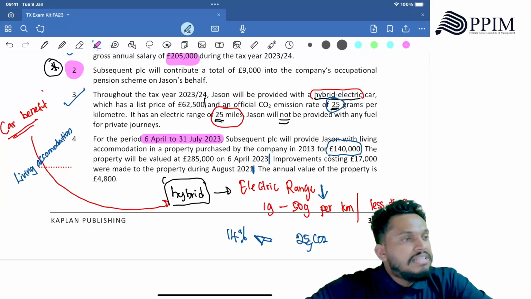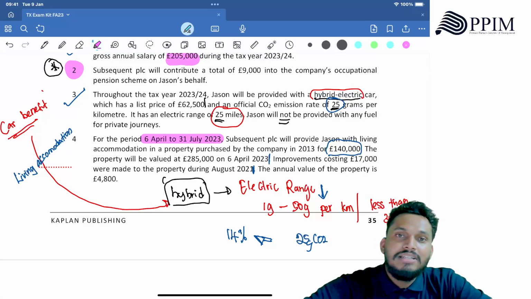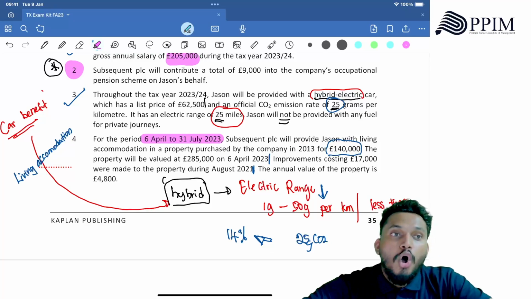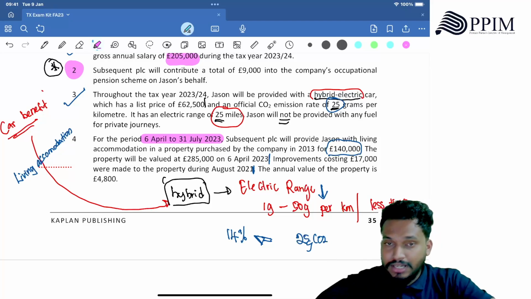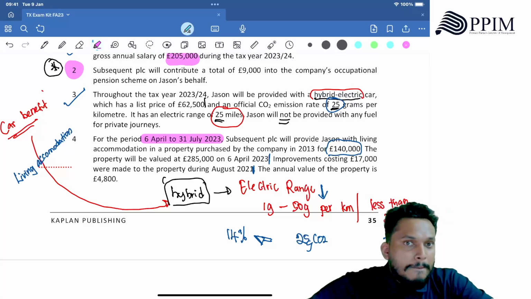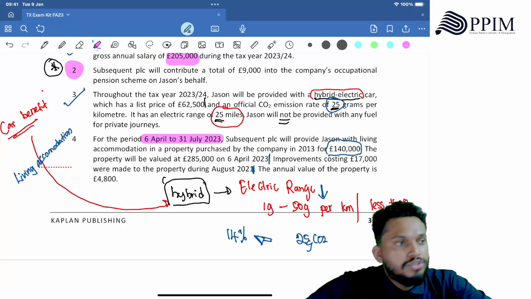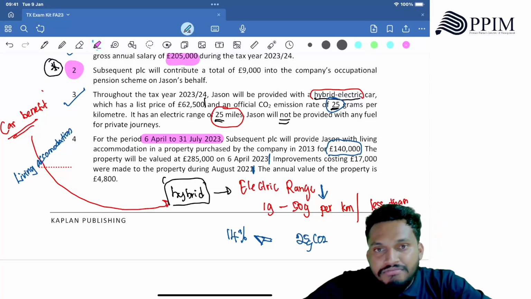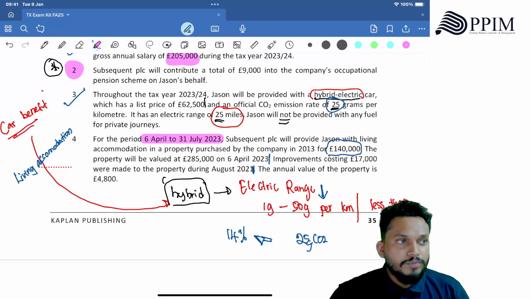Which means, is it falling within our financial period, when I say financial, meaning the tax year period, or not? Two things you need to see. Sometimes the examiner can give you idle information, so don't get caught in that trap. My question to you all is: is this information falling within your tax period or not?